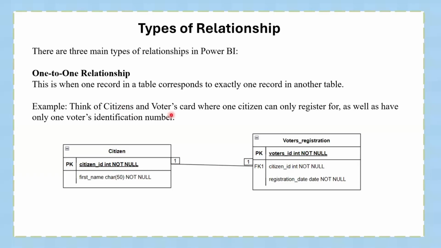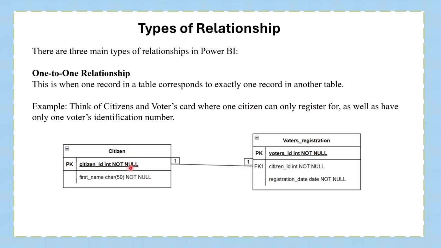Think of citizens and voter's cards, where one citizen can only register for, and as well have, only one voter's identification number. So in a case where you're working with the citizen table and the voters registration table, you know that a citizen can only appear once in the citizen table because this is a table that is describing citizens.